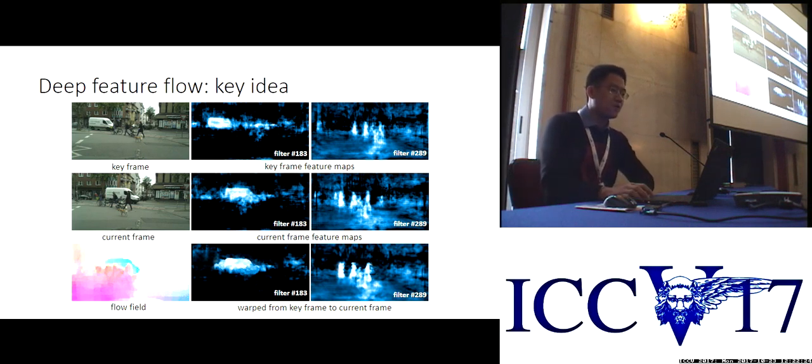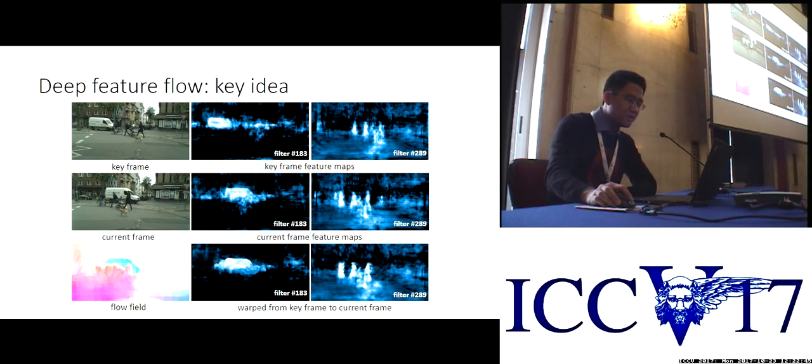Such correspondence provides us opportunities to cheaply propagate the features between nearby frames by spatial warping, similar to optical flow. As exemplified in the figure here, two intermediate feature maps are responsive to car and person concepts. The response patterns are similar on two nearby frames, but are at different spatial locations. After propagation by the flow field estimated on the two input frames, the propagated features can well approximate the original features.